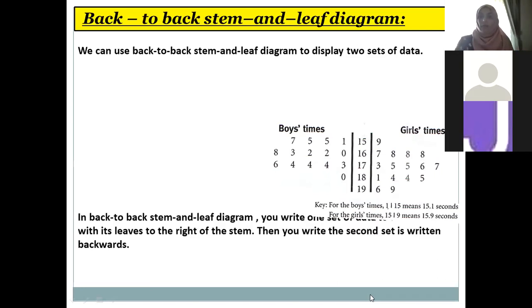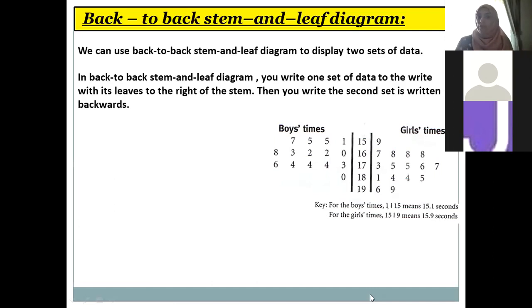Okay, back-to-back stem and leaf: the stem is in the middle, one set of data is written with the leaves to the right, and the other set is on the left. We use it to compare two sets of data, but we should consider a few points.